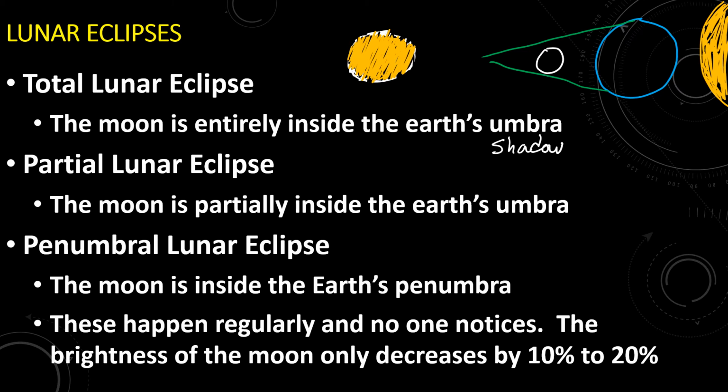But then we also have a penumbral lunar eclipse. And this actually happens all the time, because the Earth doesn't just have a shadow directly behind it, it also has a shadow like this.